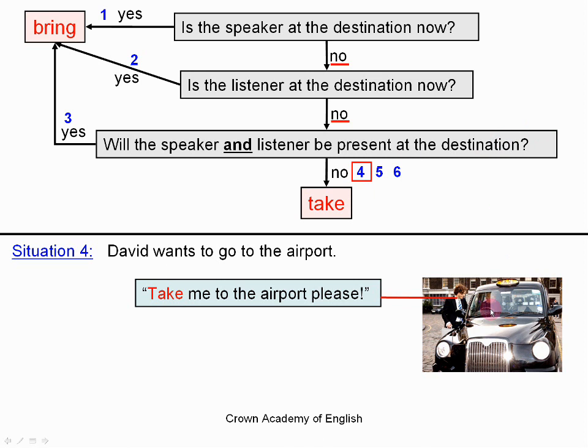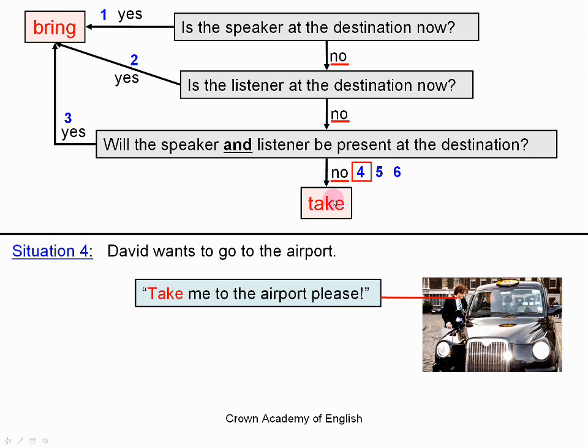Well, the answer is no. It is only David who is really going to the airport. It is only David who will spend time at the airport. The taxi is only going to transport him to the airport. So the answer here is no.